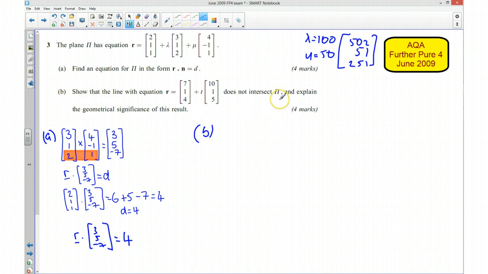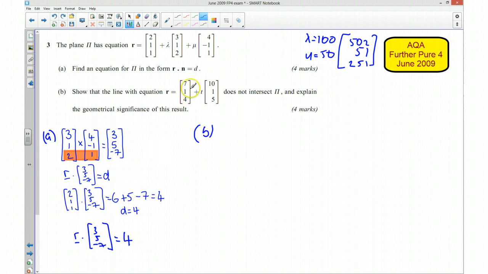Now if I substituted this here in for this here and dotted it with my normal, if it lay on the plane, I should be able to show that we get a value of 4. If we don't get a value of 4, that will tell me that it doesn't intersect our plane.